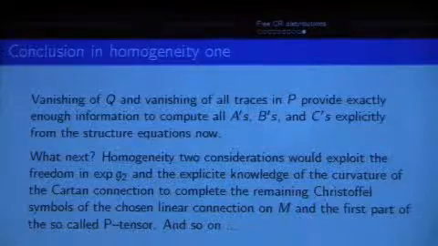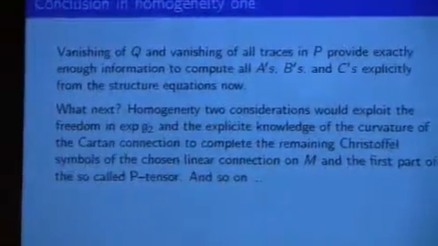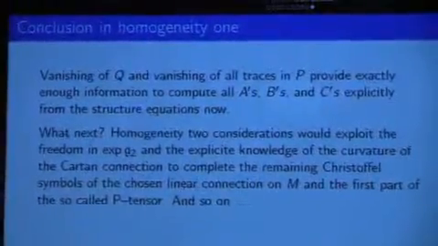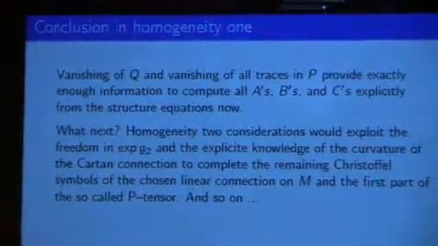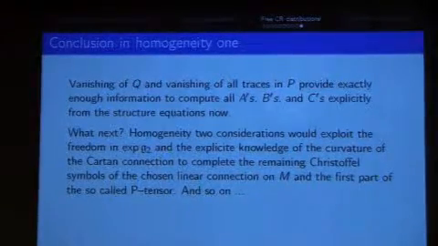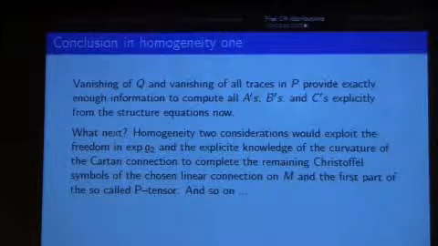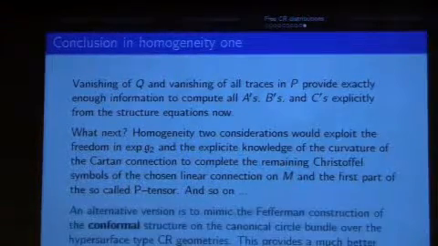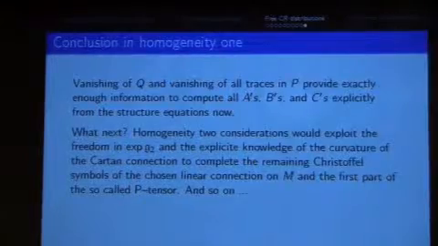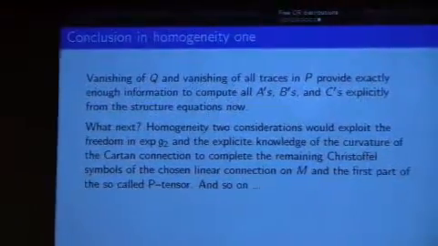So what could we do next? Of course, the obvious procedure will be to exploit the freedom in G2 and then continue for the homogeneity 2 part and normalize the things again, because you know what parts of the curvature have to vanish and what the properties are. And so this would lead you to a completion of the Christoffel symbols for the analog of the Webster-Tanaka connection.